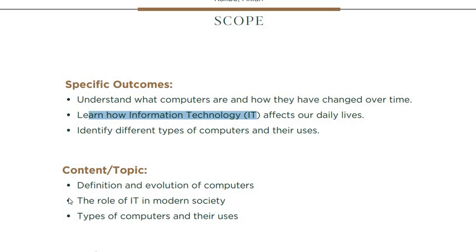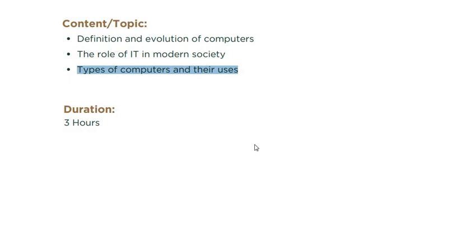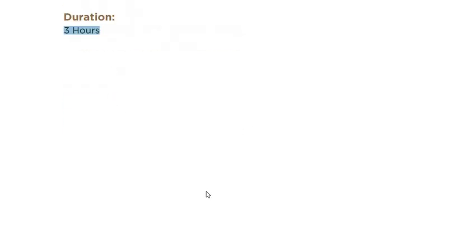So we will discuss the role of IT in modern society. For the last outcome, we will identify different types of computers and their uses. So here, we will discuss the topic on the types of computers and their uses. All in all, we have a duration of 3 hours for this lesson.